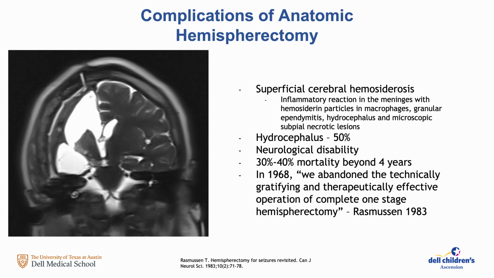Now, why we went to a less invasive or less resective option was superficial cerebral hemosiderosis, which is an inflammatory reaction in the meninges, with hemosiderin particles in the macrophages, ependymitis and hydrocephalus with microscopic subpial necrotic lesions.